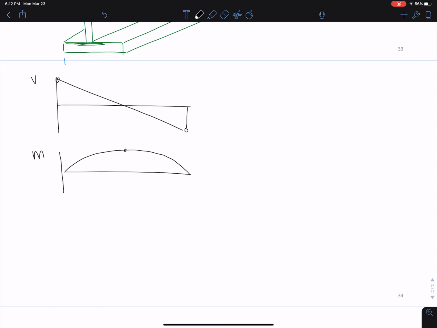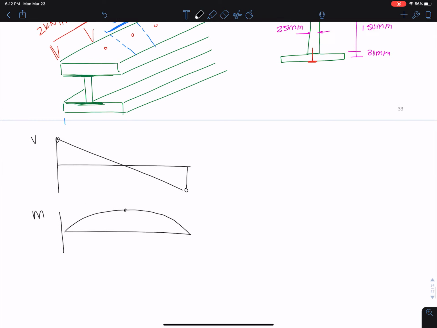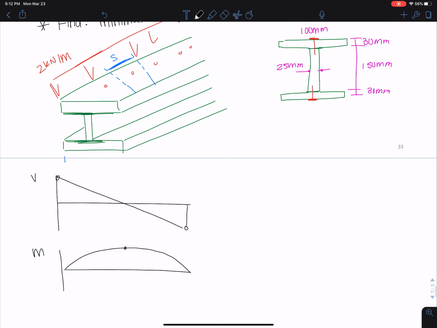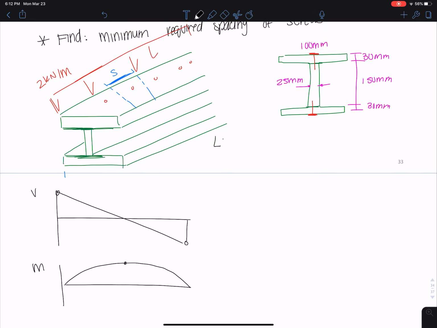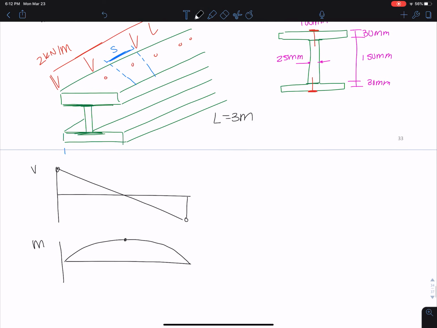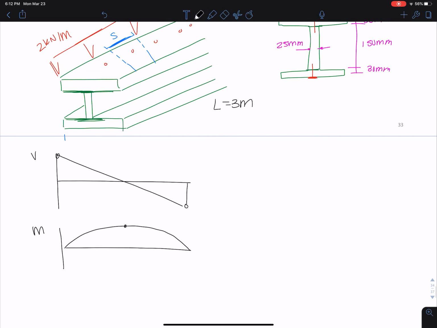Actually, we don't even need the moment diagram. I'm not sure why I drew that, but basically the load here is 2 kilonewton per meter. The length is 3 meters. That's given in the problem. So here, this would be 3 kilonewton, negative 3 kilonewton. Okay.